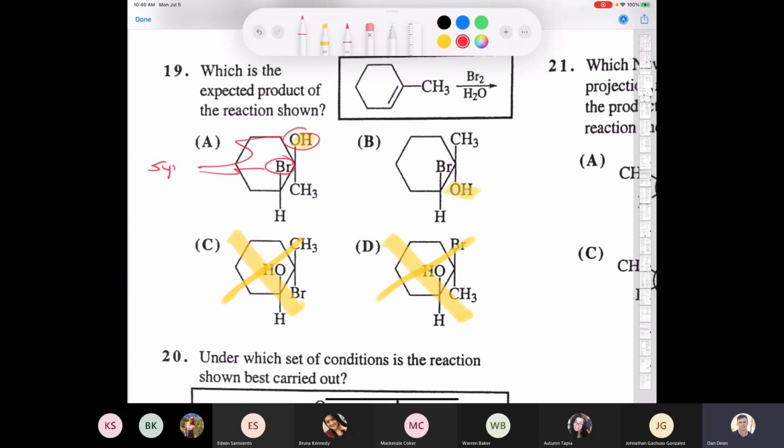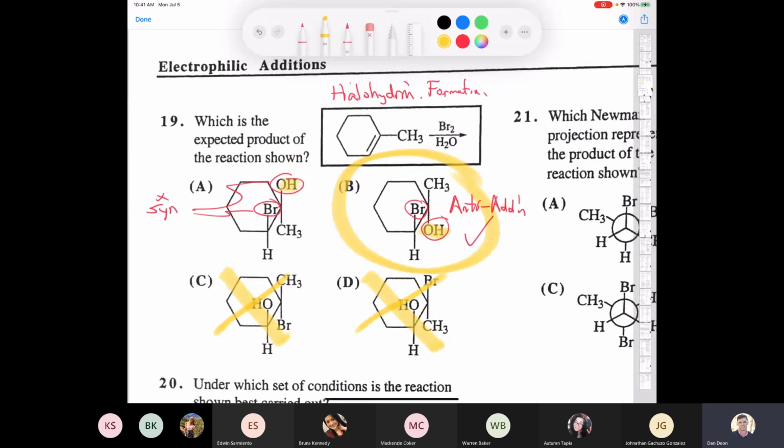This is syn addition, which is wrong. And then this one is anti-addition, which is correct. So the answer is B. So regioselectivity and stereochemistry are both important when we're talking about halohydrin formation.